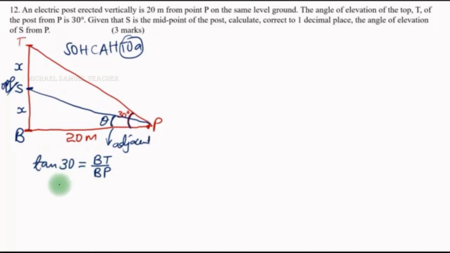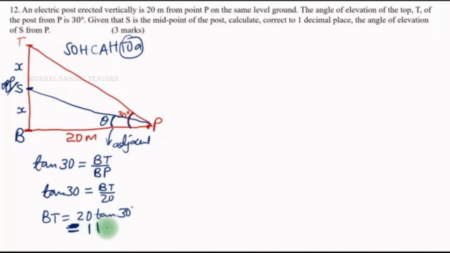So from this case, I have tan 30 degrees equals BT, that will be the height I'm looking for. BP is 20. So BT is 20 tan 30 degrees, which is 11.55 centimeters.